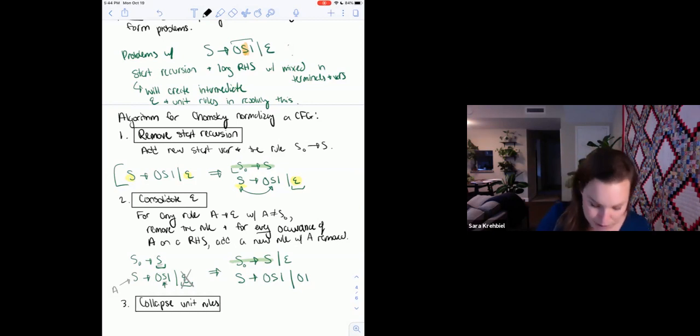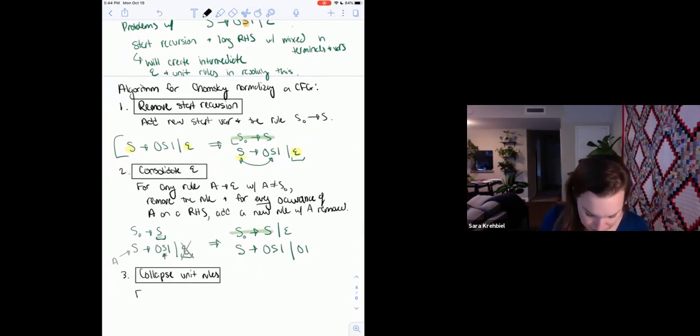So what this collapse looks like is, anytime you have a rule that just looks like A gets substituted with B, that's too simple, so we'll remove it.